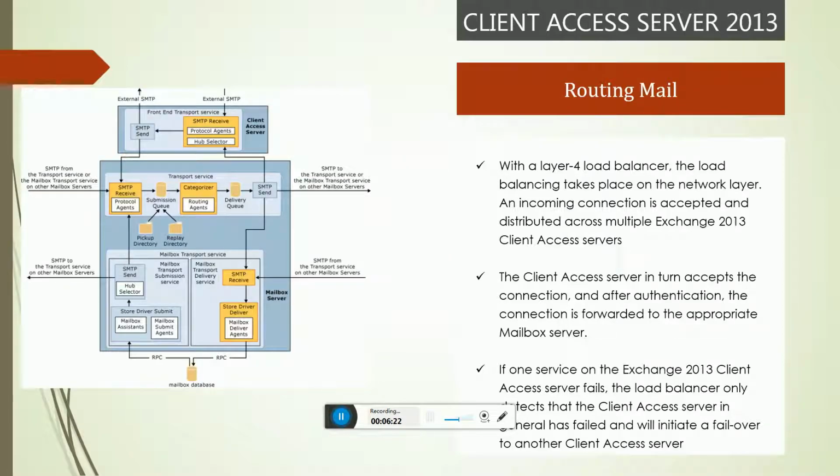Routing mail: with layer 4 load balancing in place across multiple Exchange Server 2013 client access services, each client access service in turn accepts connections.